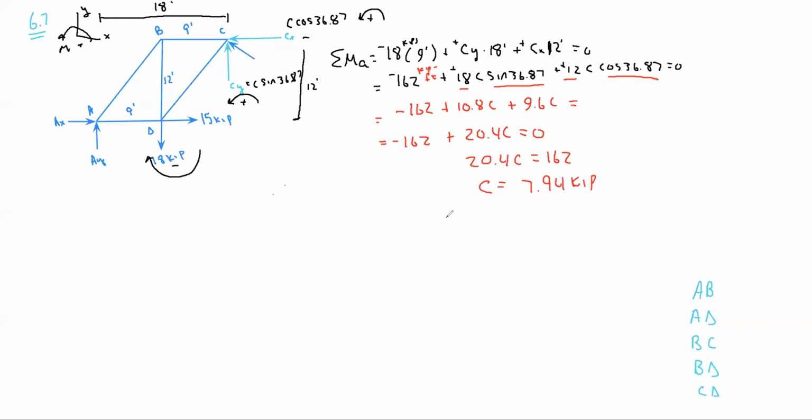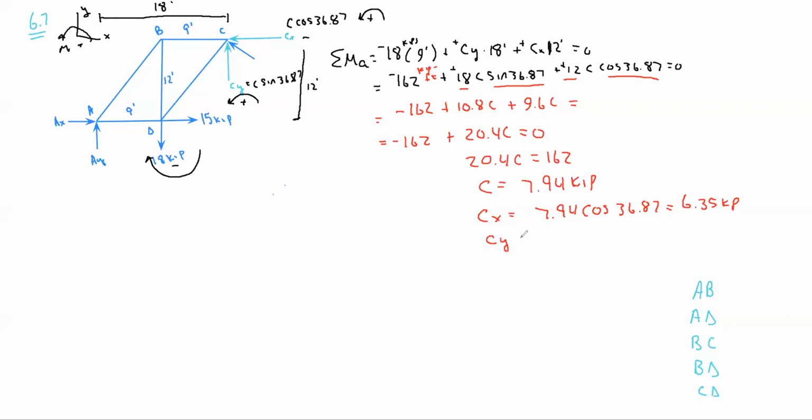And just so that we have it, because I think that we might need it, that would make CX equal to 7.94 times cosine 36.87, which is equal to 6.35 kips.